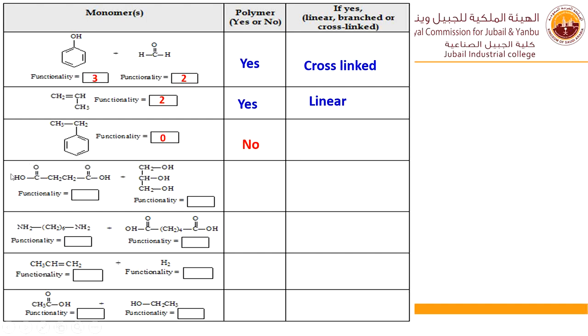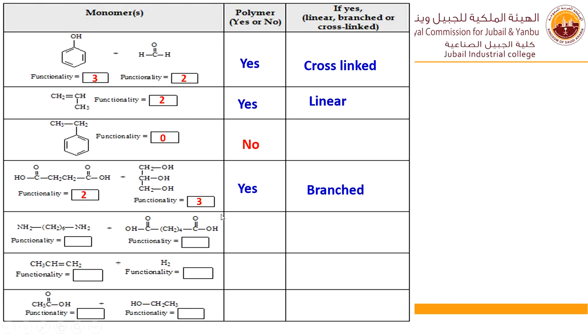Now we'll move to the next one. This one has 2 organic acid groups, carboxylic acid groups, one here and then the second one here. So the functionality is equal to 2. This one has 3 alcohol groups, OH, OH, OH. So its functionality is equal to 3. So if you have 2 plus 3, you end up with a polymer, and of course the polymer is a branched polymer.